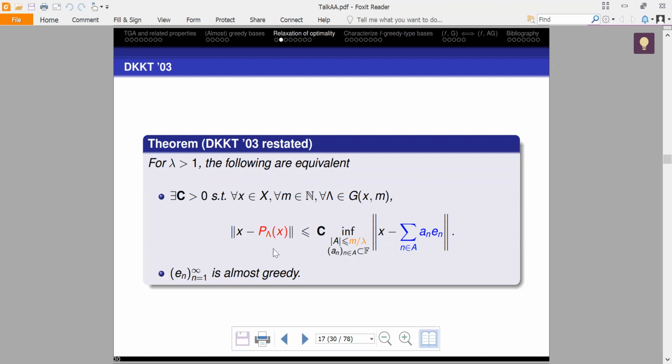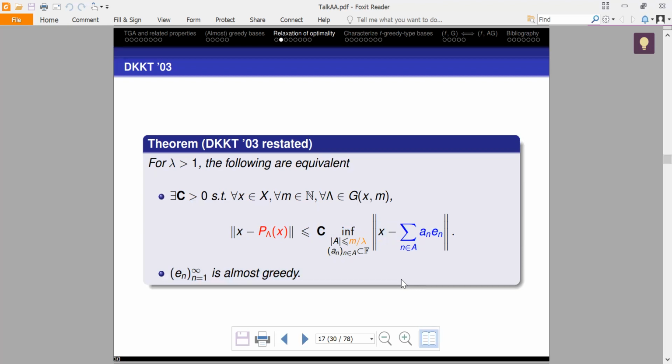But they show that if you restrict the size of the set A down to m over lambda instead of m, where m gives the greedy condition, and they do m over lambda for any lambda greater than 1, then this condition is now equivalent to almost greedy.